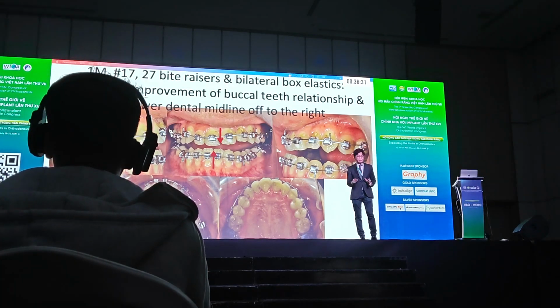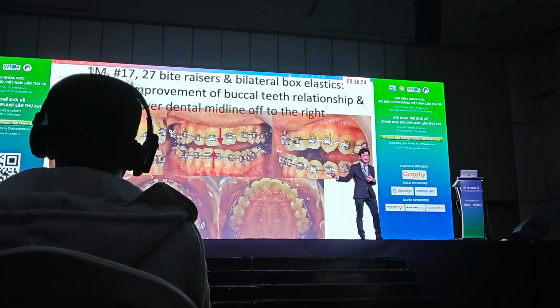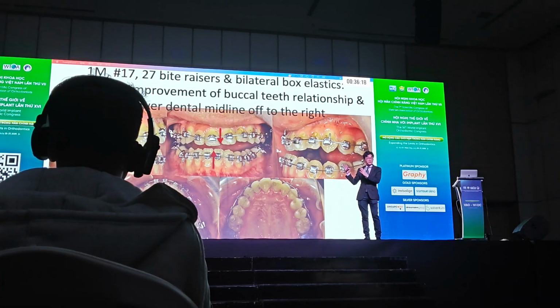Once you put the bone back, that means the occlusion will become more class 1. Looking at the right side canine now, it is actually a little class 2. And look at the left side, almost class 1. The left side used to have a whole tooth width difference for the class 3 canine relationship. Now it's almost class 1.